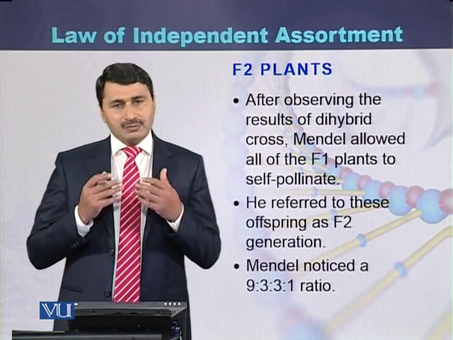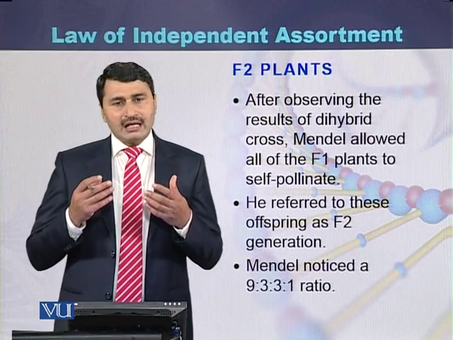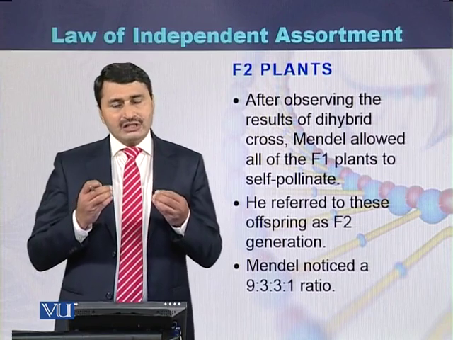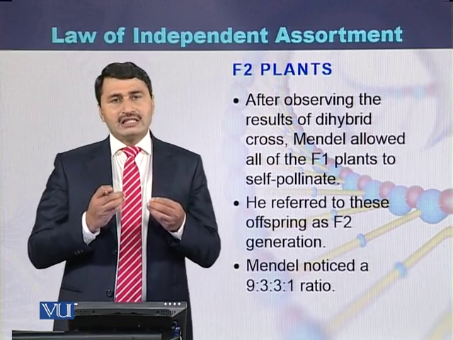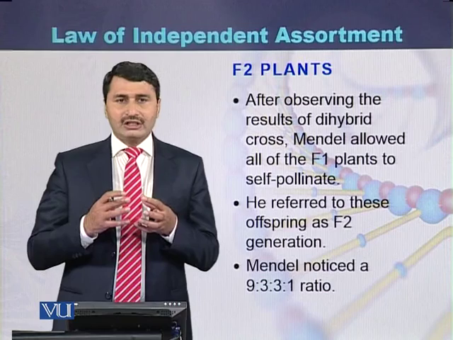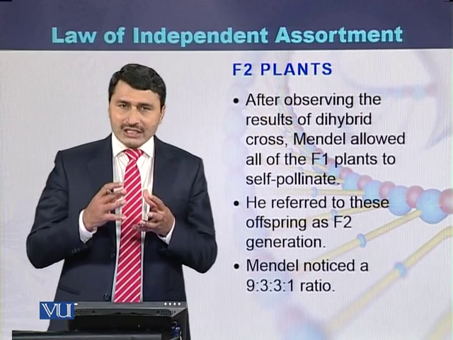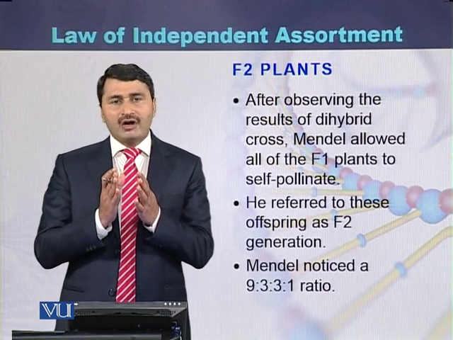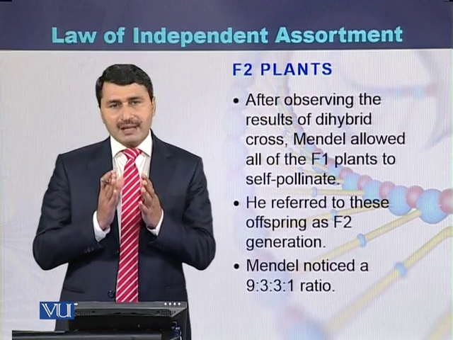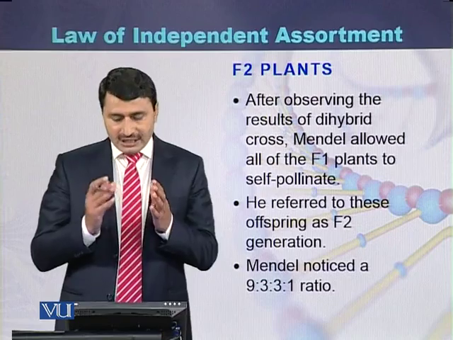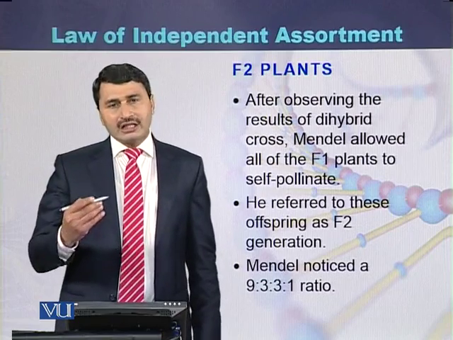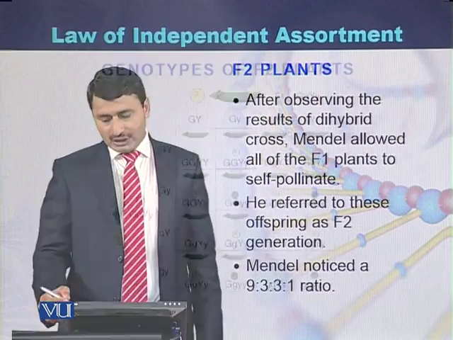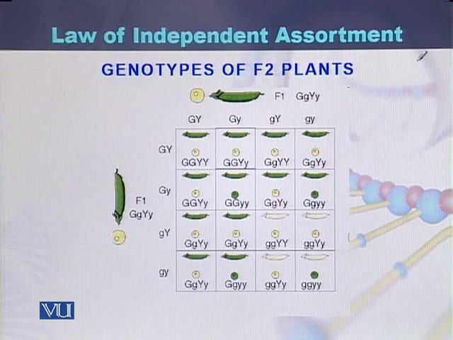That explains that the gametes are independently separated from each other. They were not united as a bundle or in the form of a unit. They were separated from each other independently, because the ratio was 9:3:3:1.